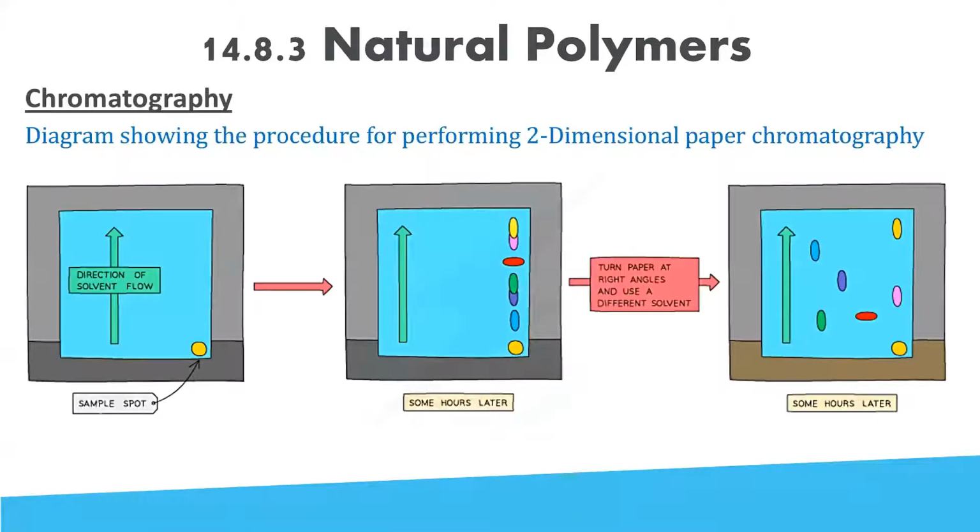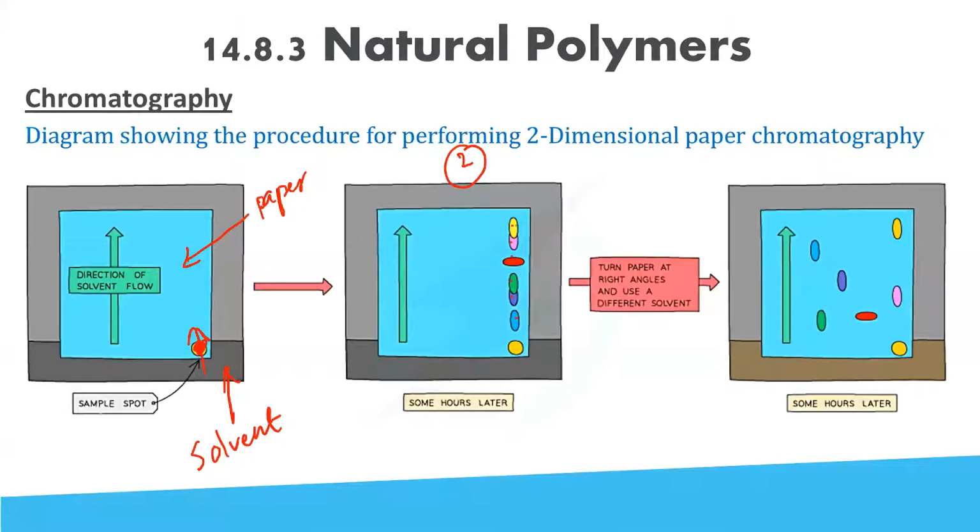As you can see from this diagram, here is the sample spot, and this is the solvent. This is the chromatogram paper. As the solvent passes through the sample spot, the sample spots move upward, as you can see from the second diagram, and different substances differ according to their solubility level.